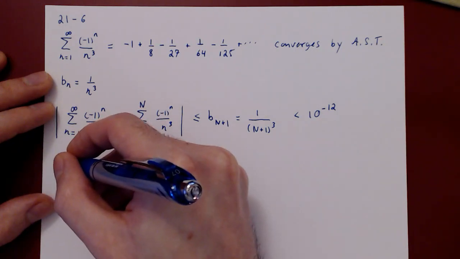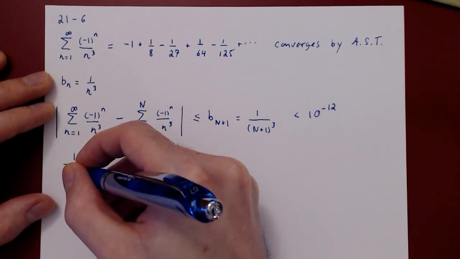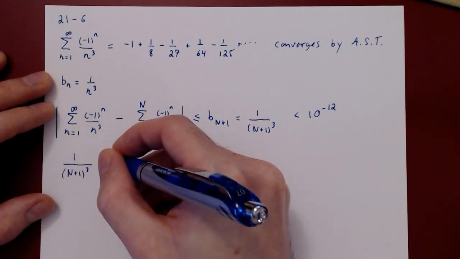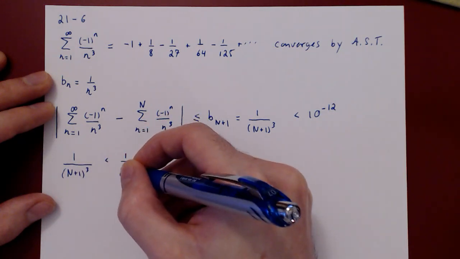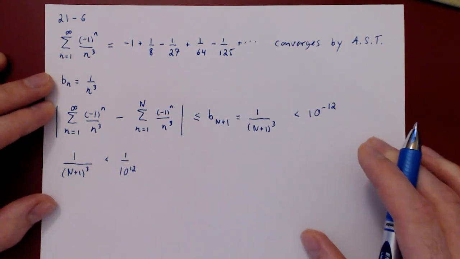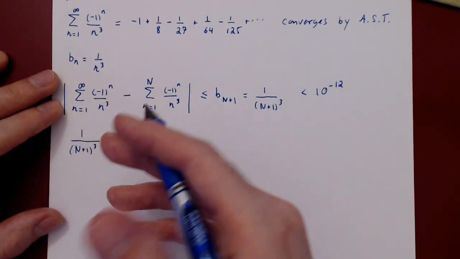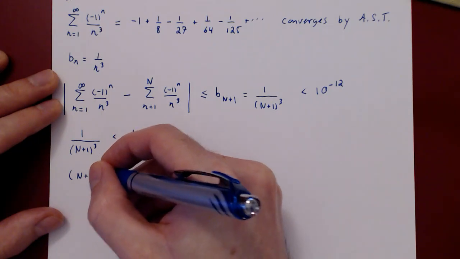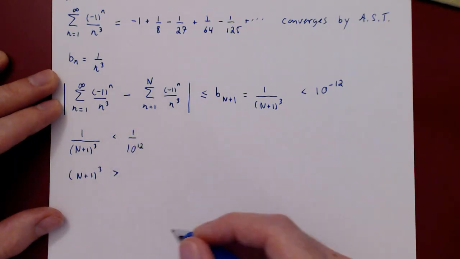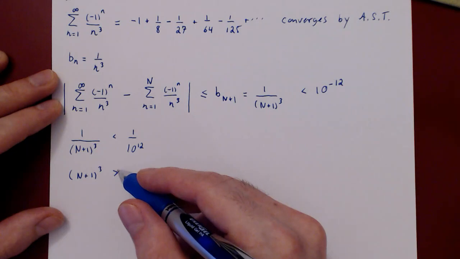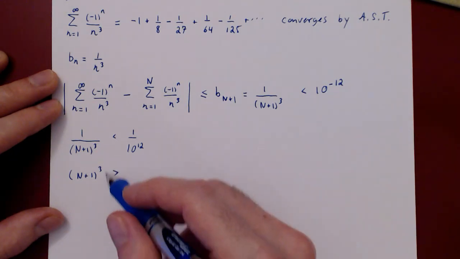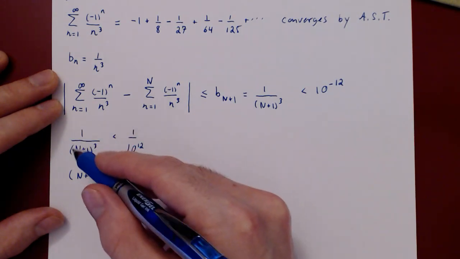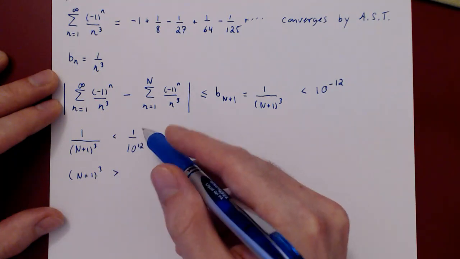So this will give me 1 over n plus 1 cubed must be smaller than 1 over 10 to the 12. As both sides are positive, I can invert both sides. So I take the reciprocal of both sides. This of course will change the direction of the inequality. If this is smaller than this, then 1 over this will be larger than 1 over this.